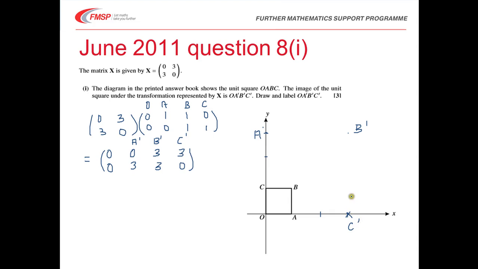And it says draw and label OA'B'C', so I'll draw our image. So we're going to get 1 mark for A dash, 1 mark for C dash, and then 1 mark for the correct square.